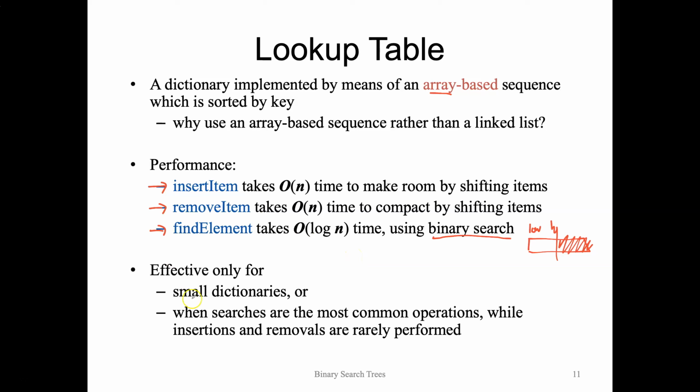This binary search algorithm is good. We'll see this applied many other times as well, even outside the context of dictionaries. Given a sorted sequence, how do we find an item efficiently in it?